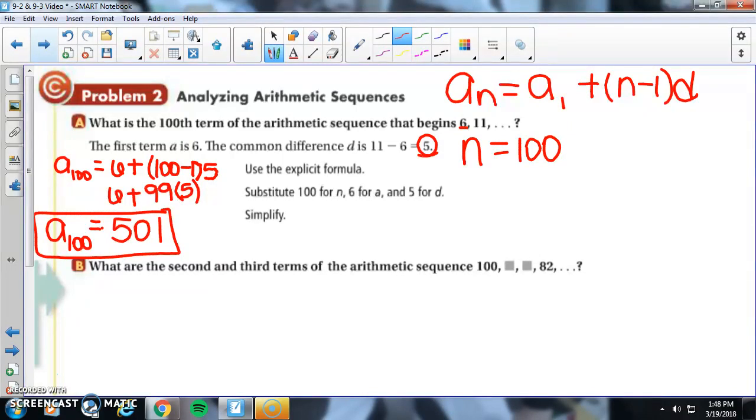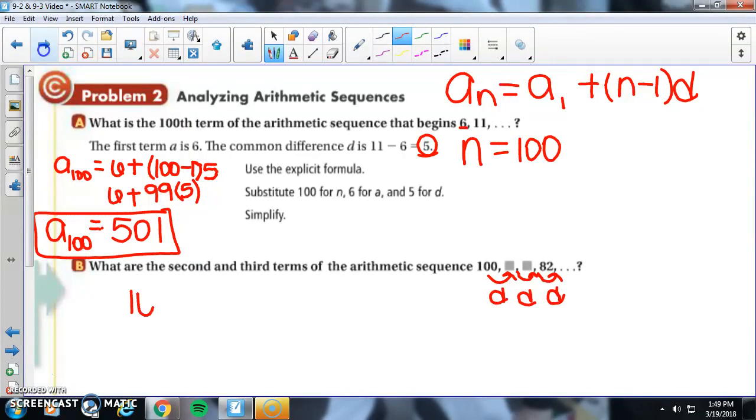What are the second and third terms of this arithmetic sequence? 100, blank, blank, 82. We need to find the common difference, so we added D once, we added D again, and we added D one more time. To get from 100 to 82, we had 3 D's.